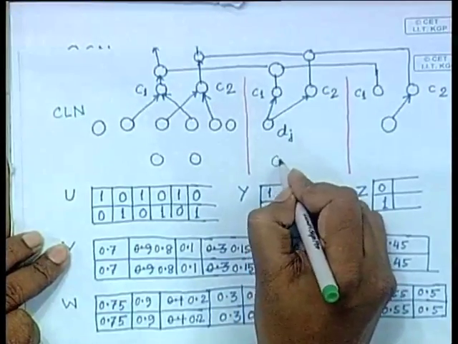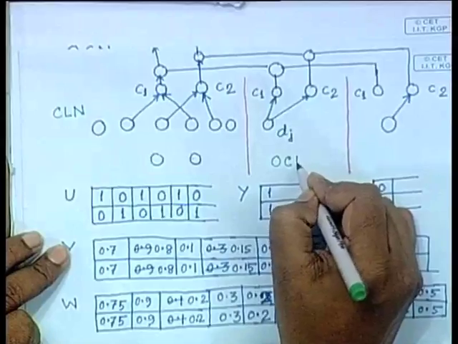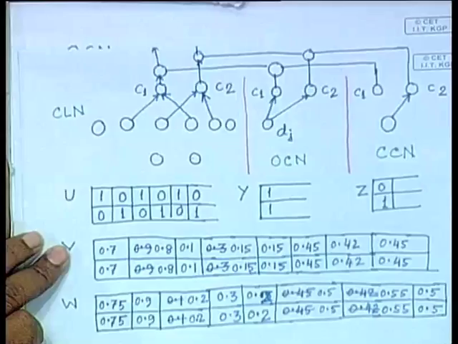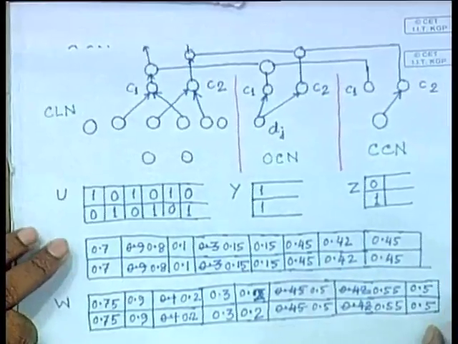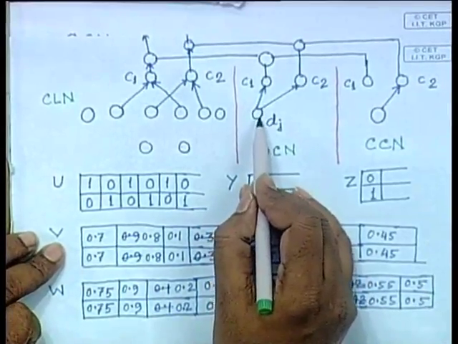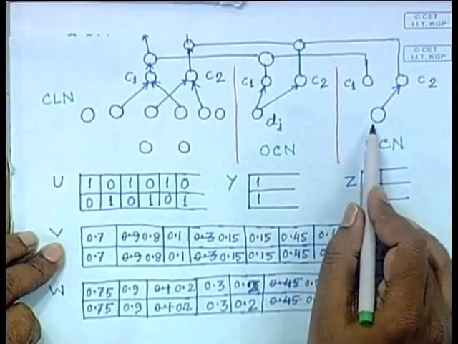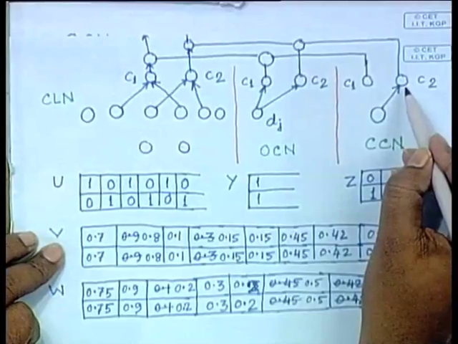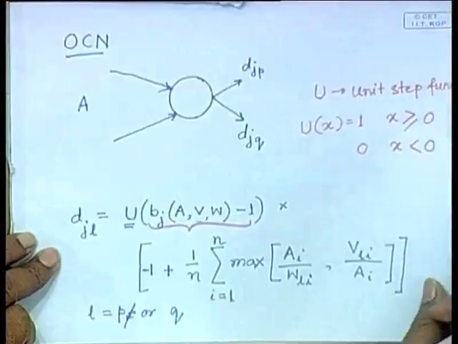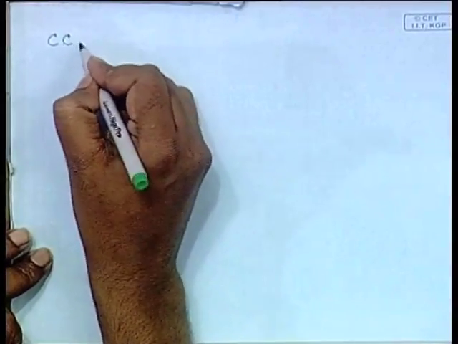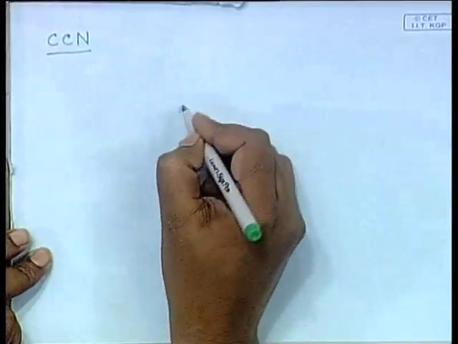This section is an overlap compensation section, and this is CCN, the containment compensation section. Okay. And as we said, unlike in case of the overlap compensation section, where the output will be provided to neurons of two classes, in case of containment compensation, the output will be given to one of the classes. Okay. So, accordingly, a schematic diagram of CCN, a containment compensation neuron, can be something like this.